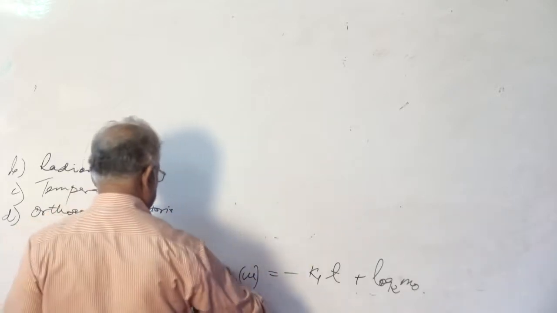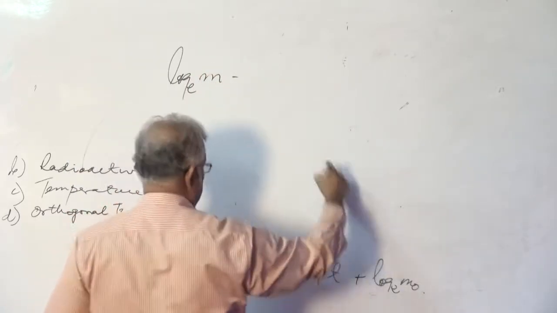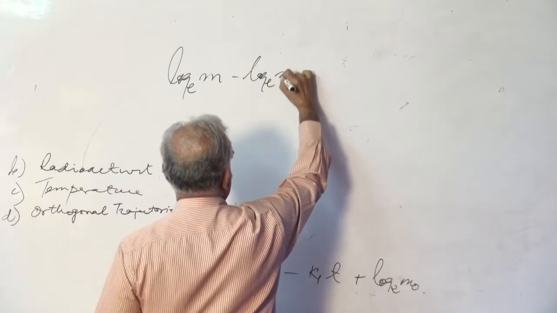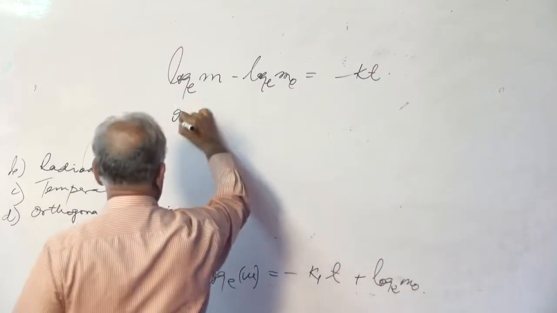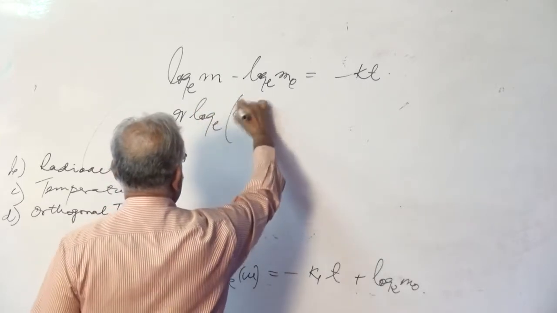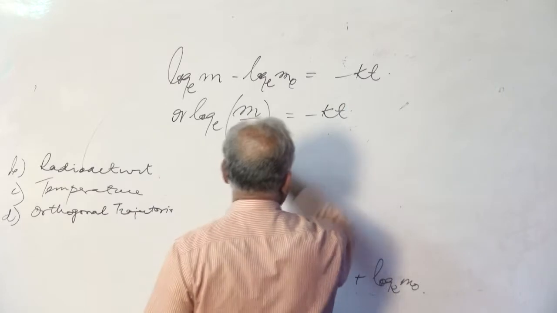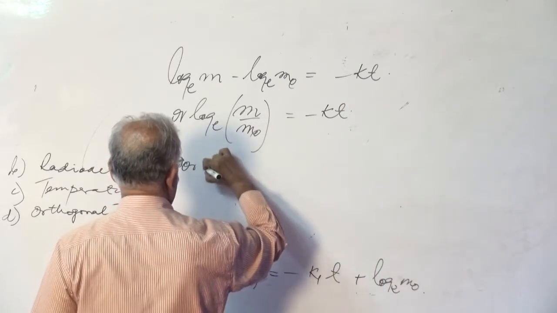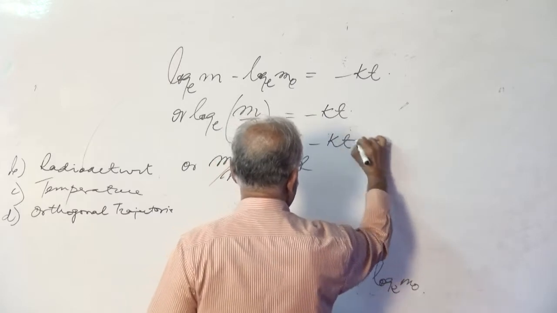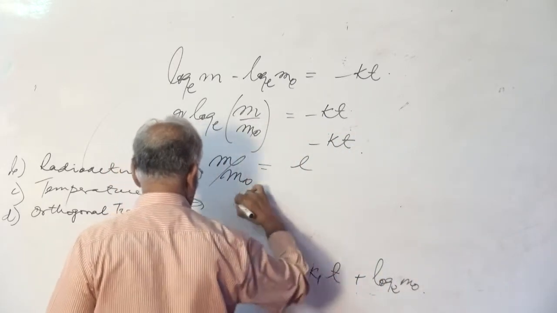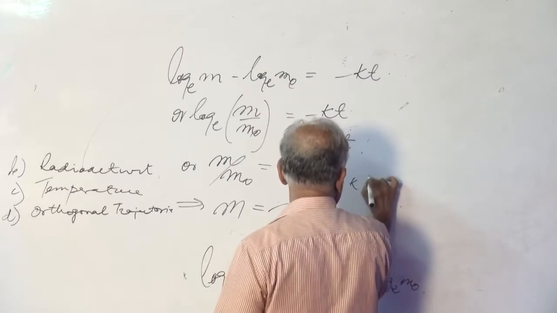From here one can write log e m minus log e m naught is minus kt, or log e m by m naught is minus kt, or m over m naught is e to the power of minus kt, and this finally implies that m is m naught e to the power of minus kt.